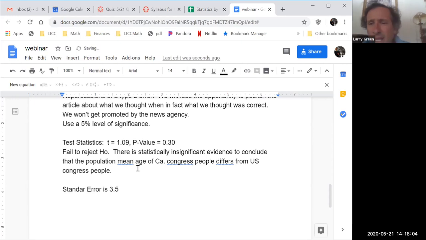What does that mean? We talked about it in chapter 7. Don't you hate that when I say you're supposed to remember what happened 2 weeks ago? But we did talk about this in chapter 7. What does it mean to say the standard error is 3.5?